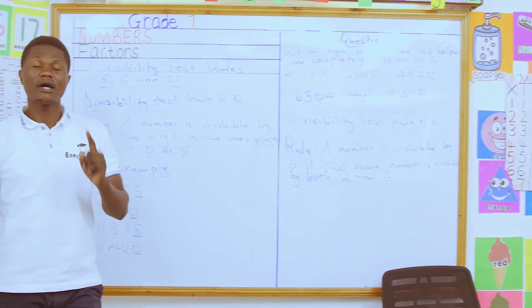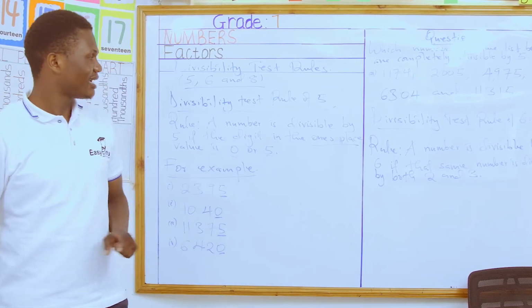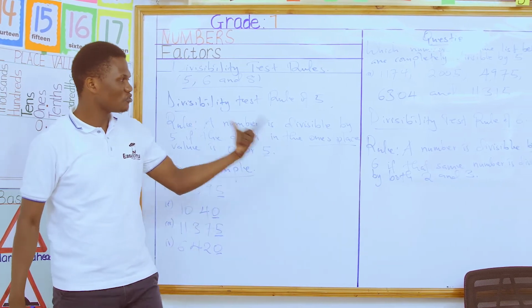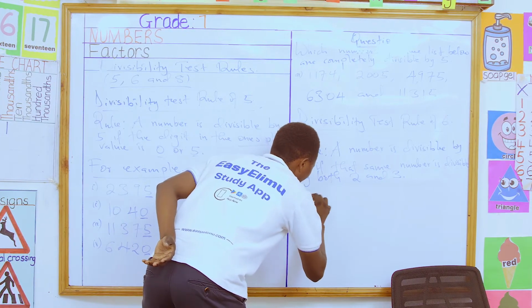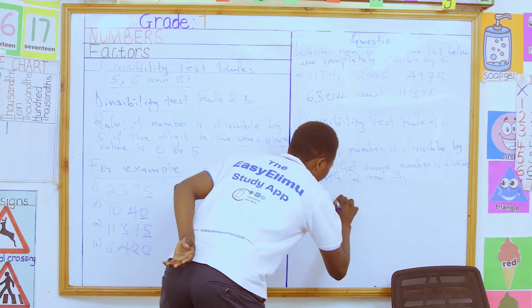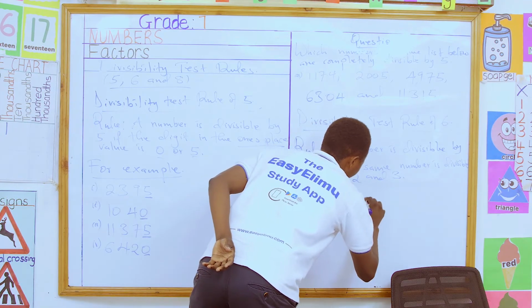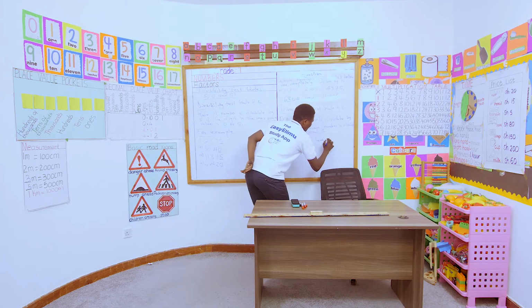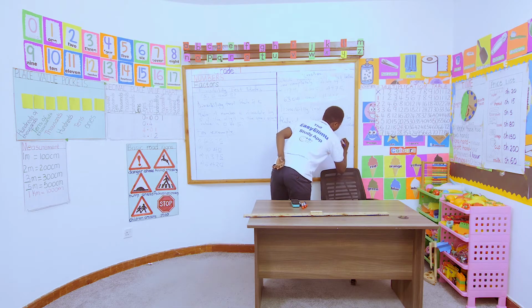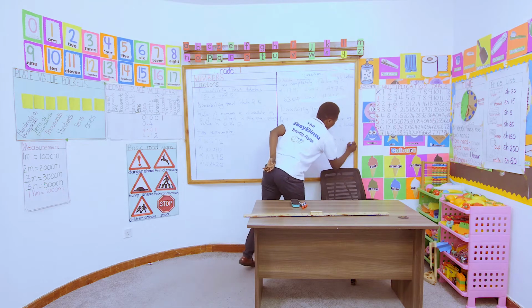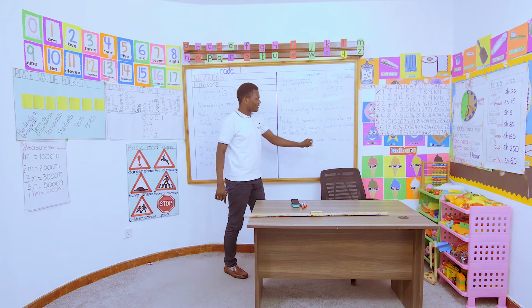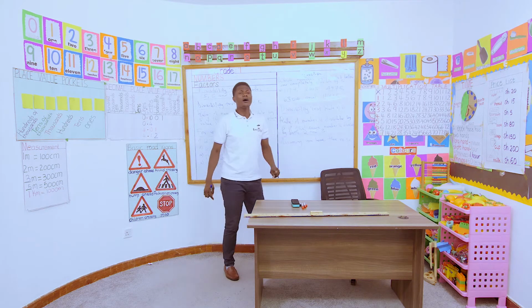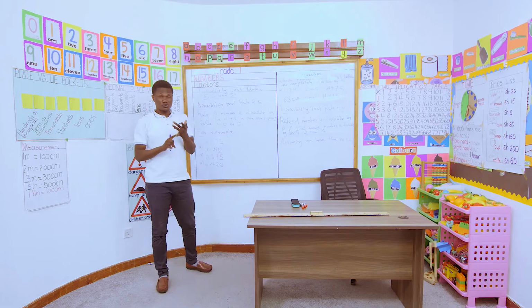In other words, assuming you have the number x, then for the number x to be divisible by 6, this same number must be divisible by both 2 and 3.